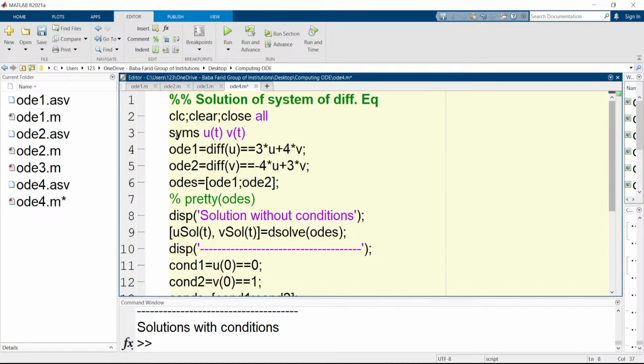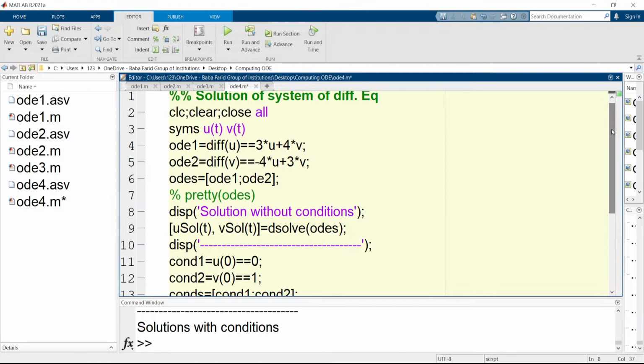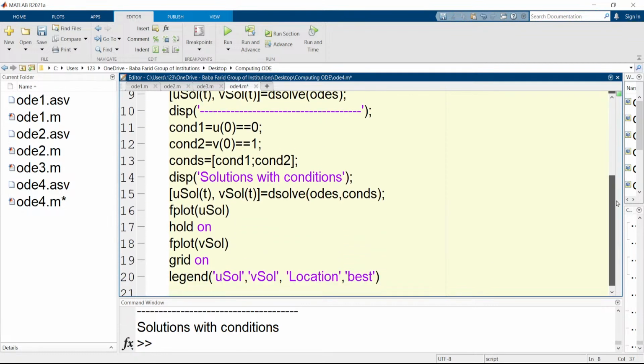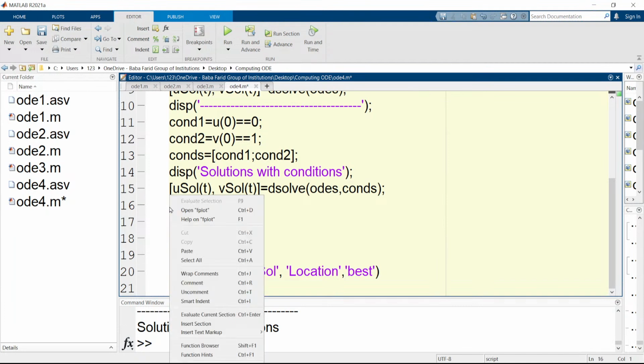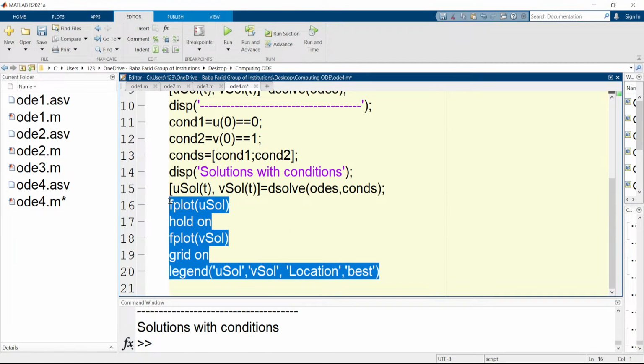See carefully all these statements. This is the first, second, third, as we inserted sequentially, and the last 4 or 5 statements are used to visualize our result.